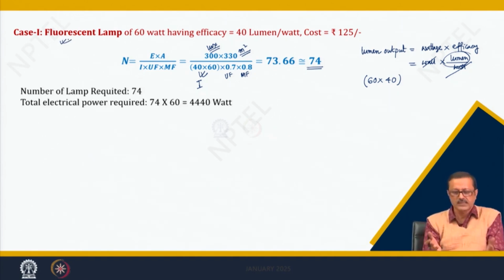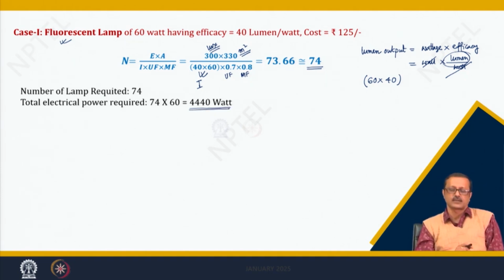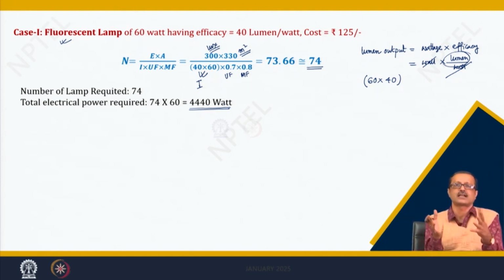Number 2 is that, if I place 74 and each will have 60 wattage, so I have to go for 74 into 60, that means 4440 watt. That much wattage, that means that much joule per second, that much watt power is required to illuminate that particular room, which is 330 square meter, to get a lux level of how much? 300.